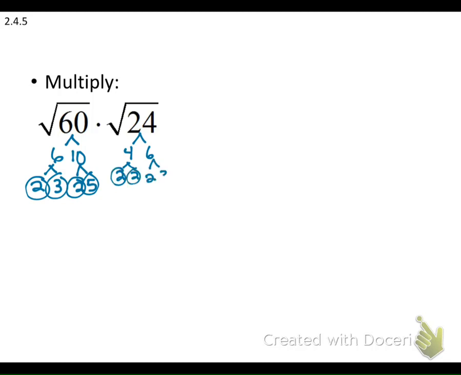Nice. Now, the second part of this step is to put all of these factors in order under how many square root signs? 1. When you multiply, you use 1 square root sign for all of the factors.